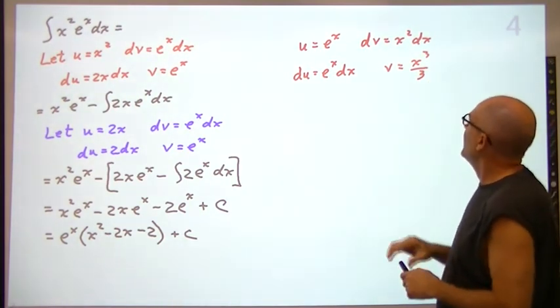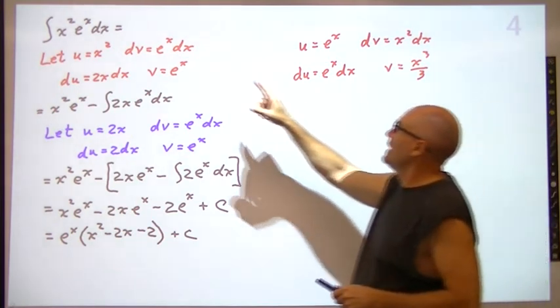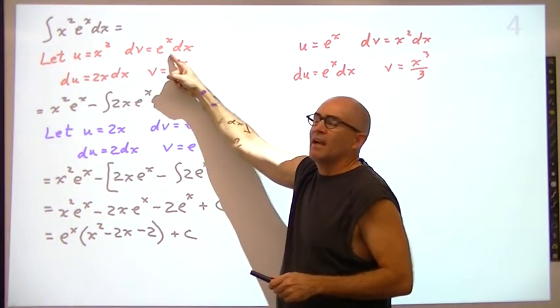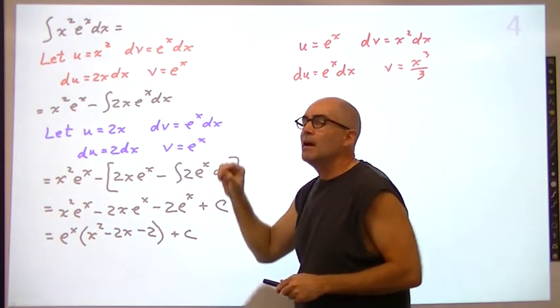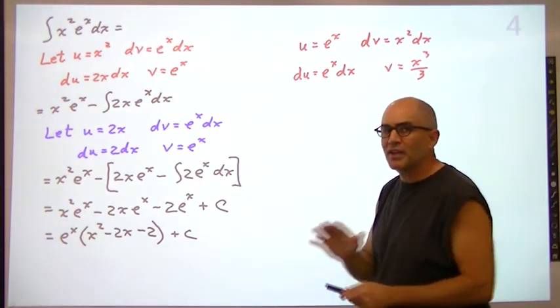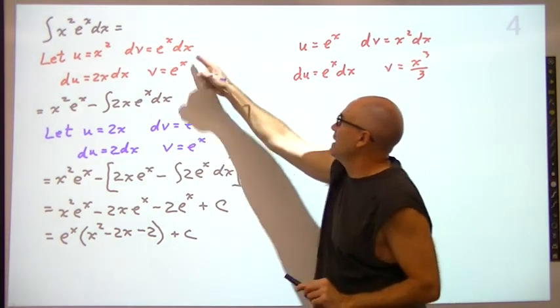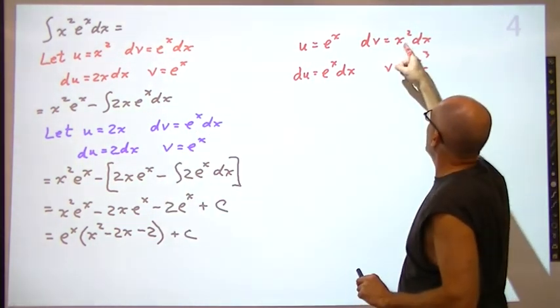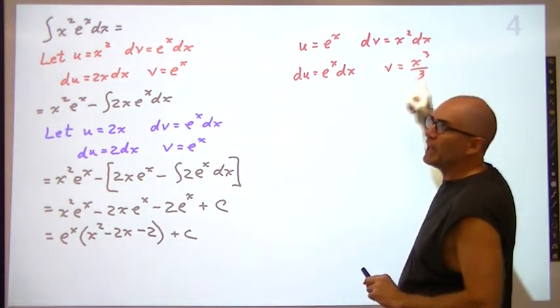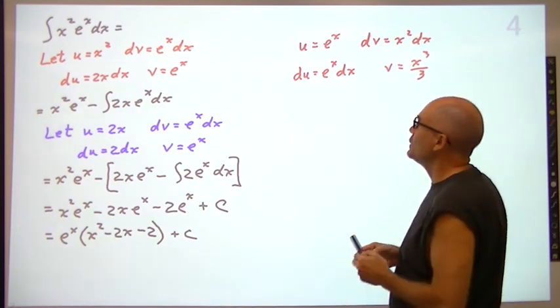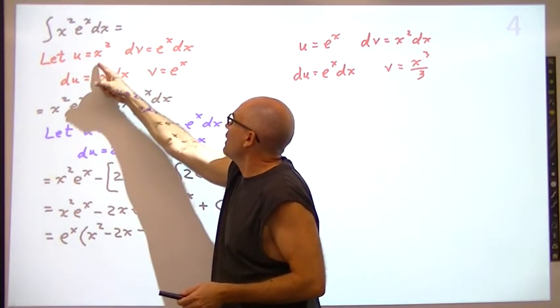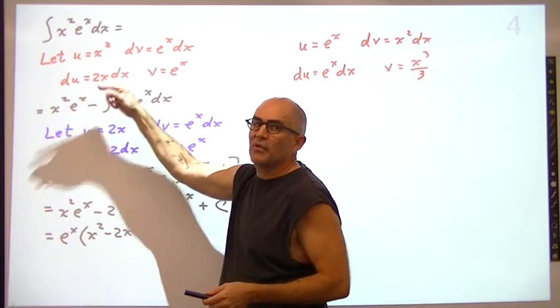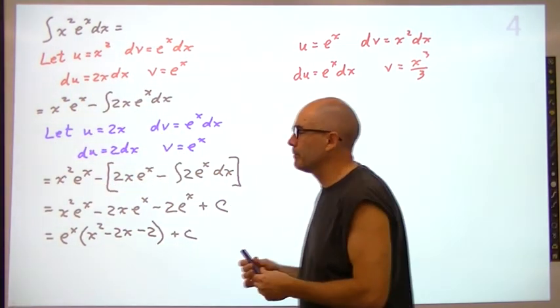So, the e to the x makes an excellent dv because when you integrate e to the x, it stays e to the x. But a polynomial does not make a good dv because when I integrate a polynomial, I end up with a bigger polynomial. So I want to use the polynomial as the thing that I'm taking the derivative of so that it gets smaller.